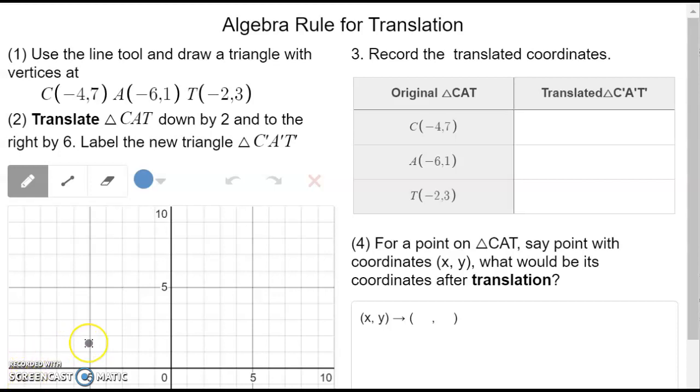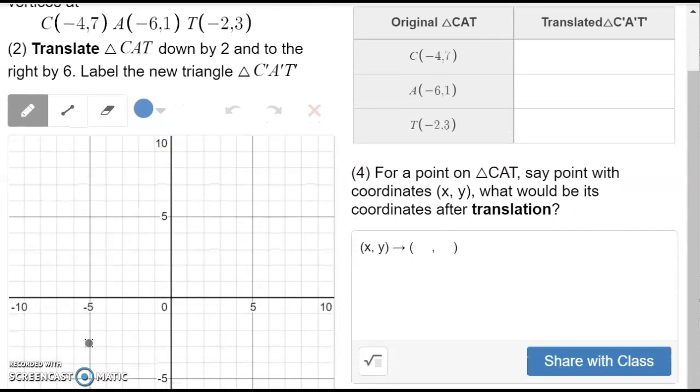So that's the first thing I'm going to do, find my coordinates. -4, 7 is going to be right here, and that will be C. Then A will be -6, 1. -6 is my x coordinate, 1 is right here, and that will be my A.